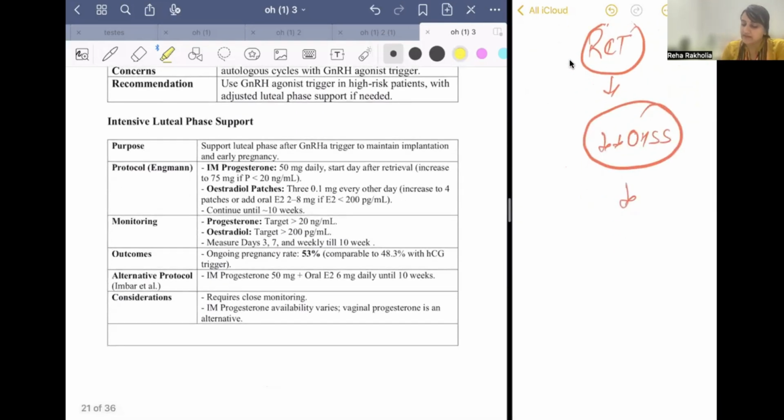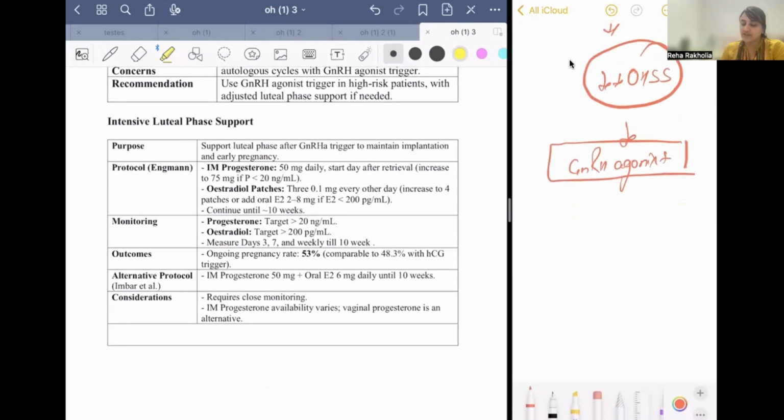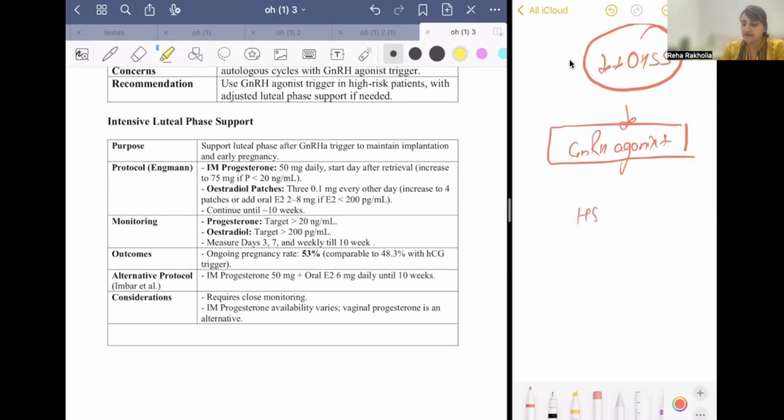So this makes GnRH agonist trigger a highly effective alternative to prevent OHSS risk in high risk patients. Okay, means instead of HCG, now we'll use GnRH agonist trigger.